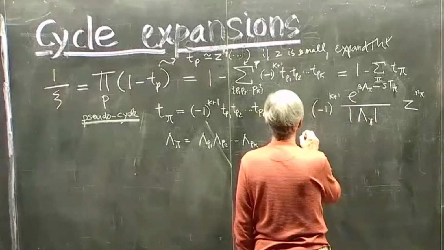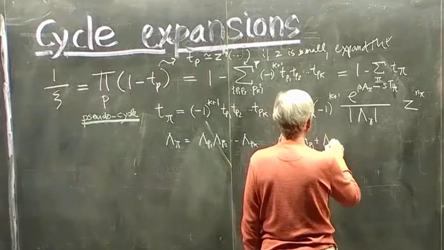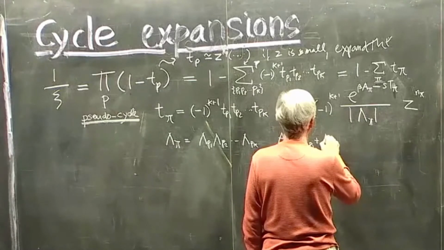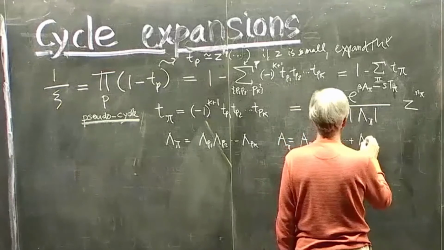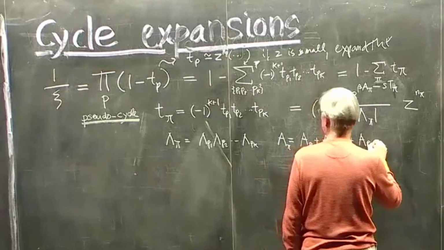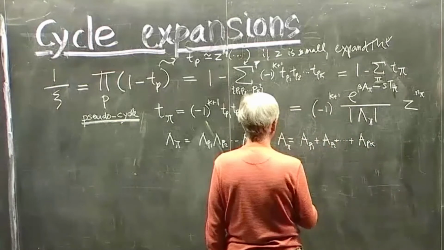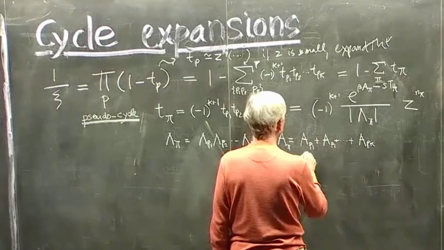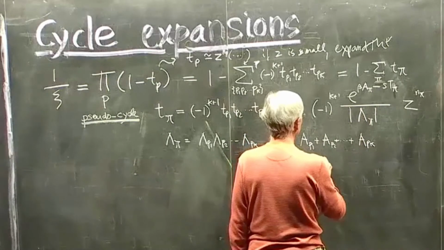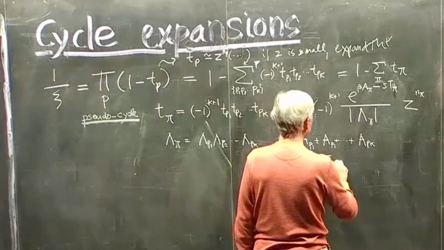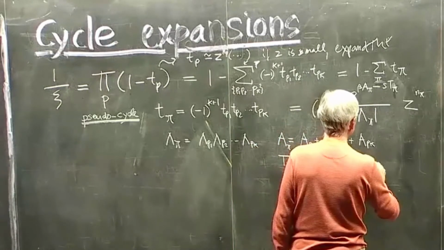It's a sum of the observable value on the first cycle plus the observable value on the second cycle plus the integrated observable evaluated on the kth cycle. The period of the pseudo-cycle is just simply the sum of the periods, because again it shows up additively upstairs, Tp1 plus Tp2 plus Tpk.